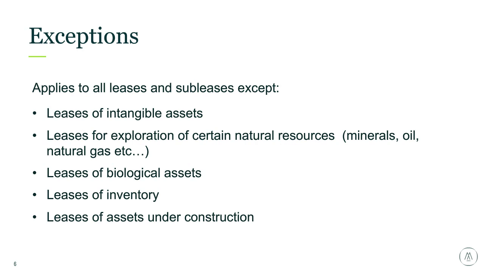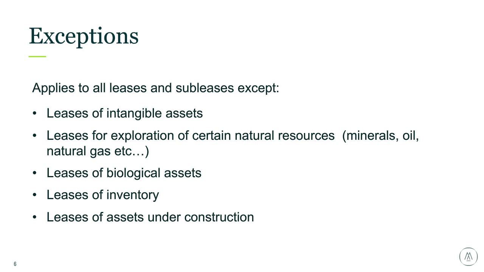Biological assets, though, there's a little bit of a nuance here, I think, for agribusiness companies. So under the guidance, what is defined as a biological asset? It's really live animals. If you have timber holdings or plants such as trees, vineyards, other crop-producing assets, the standard says that those are not required to be capitalized as right-of-use assets and the lease liability recorded.